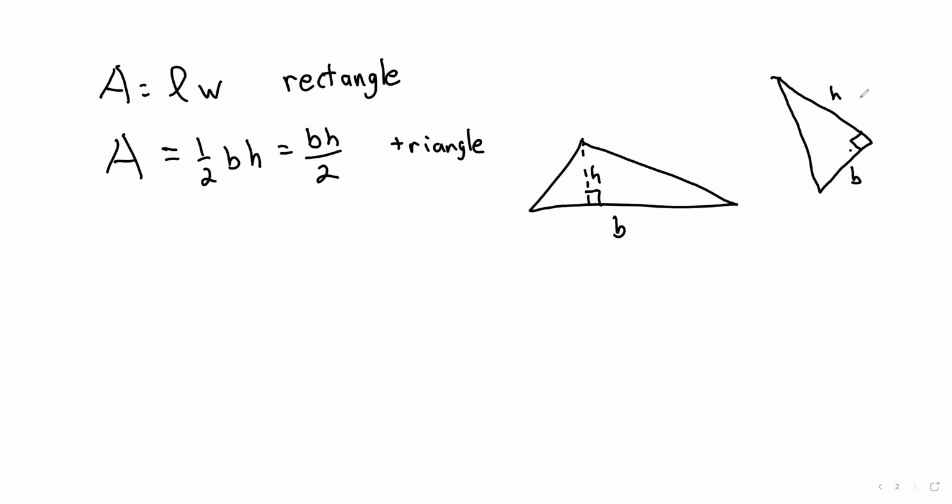You can twist the shape around however you want, and the area will not change. Areas of a triangle can also have a base or a height that's outside the triangle. Again, it's perpendicular, but it could be the extended version of the line.